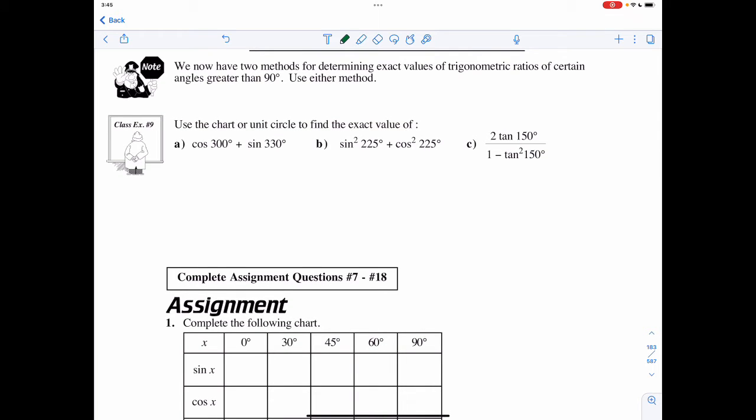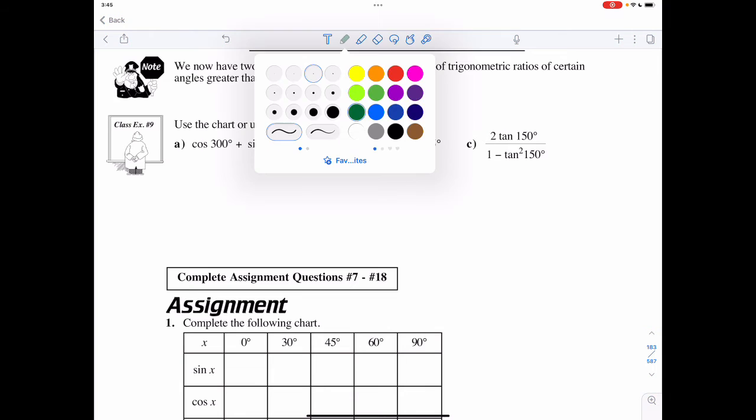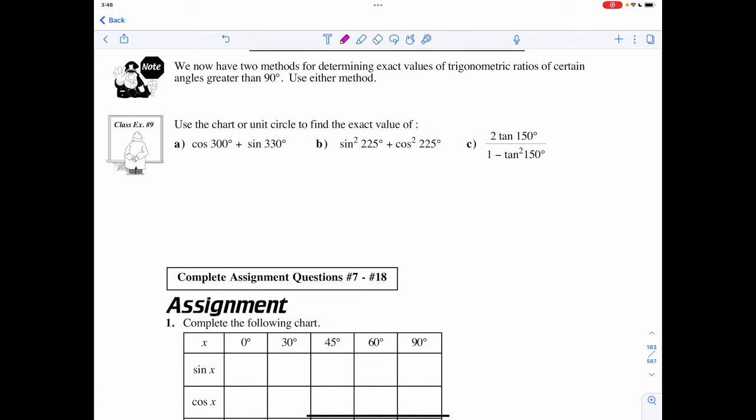I can also combine the idea of the exact values along with the mathematical process in order to solve these. So if it says use the chart or unit circle to find the exact value of cos of 300 degrees plus sine of 330 degrees, I'd go to my unit circle and say that cos of 300 is positive 1 over 2.